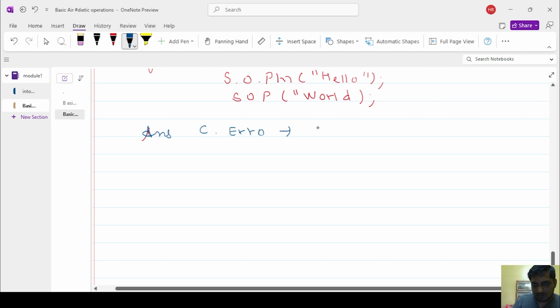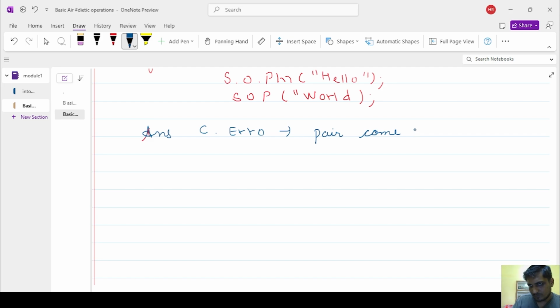And why is it an error? Because in the rule we have learned that the pairs come together, then pair come means double pair should be allowed.